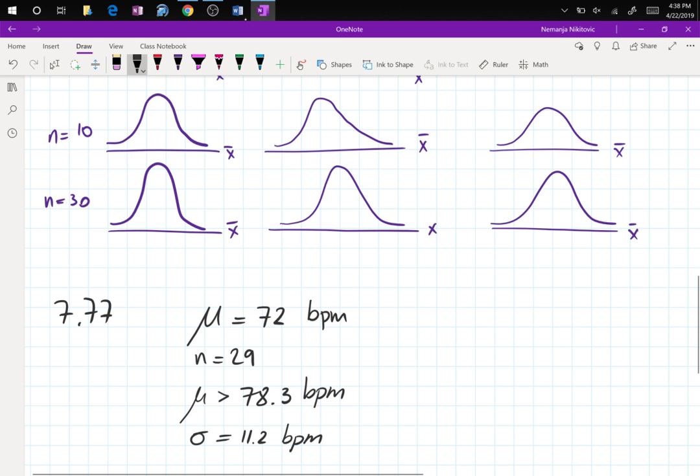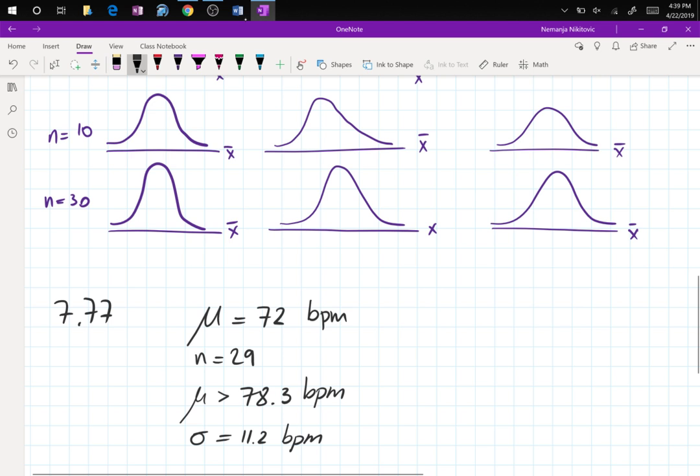Well, in order for us to do any of those probabilities, and use the z-score chart and all of that good stuff, we need to have a normally distributed variable, and since n is 29, that's almost like 30, right? So we'll call that 30, 31. If that was 15, obviously this would not hold. But if it is about 29, 30, 31, that's all in there.